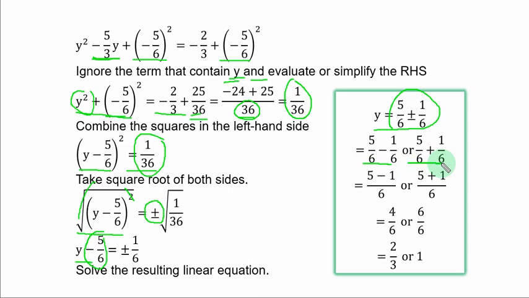You have like fractions. You subtract and you add. You have this expression, and you have 4 over 6 or 6 over 6. When you reduce and divide, you have 2 over 3 or 1 as the value of y.